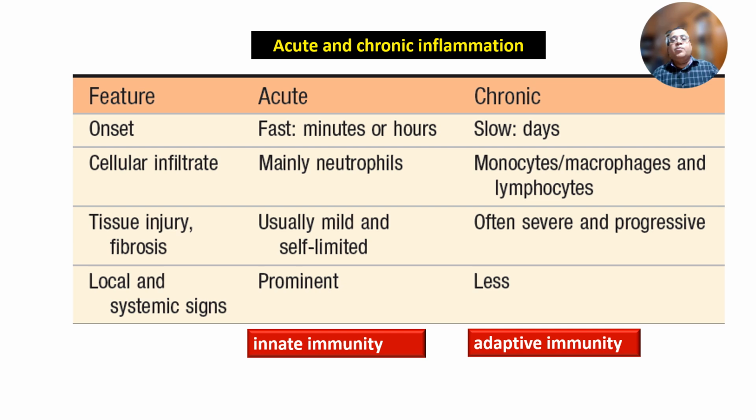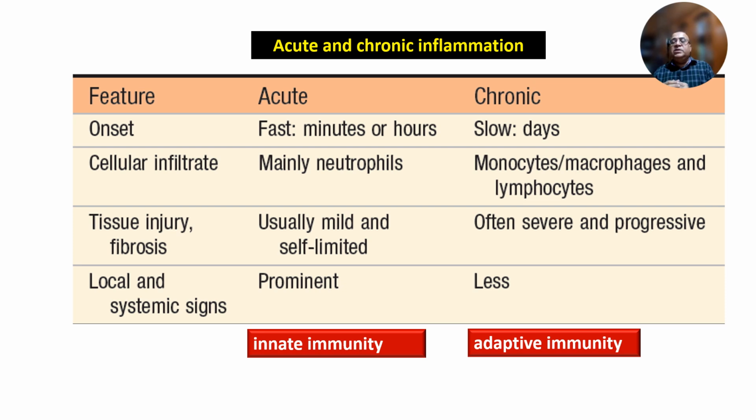So this is a table from Robbins Basic Pathology, and it is differentiating between acute and chronic inflammation. The onset of acute inflammation is fast. It occurs within minutes to hours, while chronic goes on for days, weeks, and months. The cellular infiltrate in acute inflammation is mainly polymorphonuclear leukocytes, or neutrophils, while chronic inflammation is associated with monocytes, macrophages, and lymphocytes.